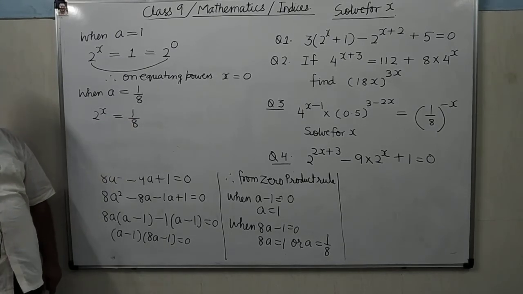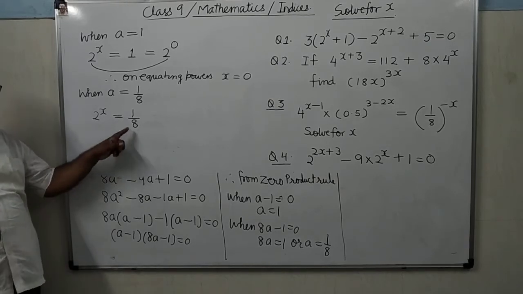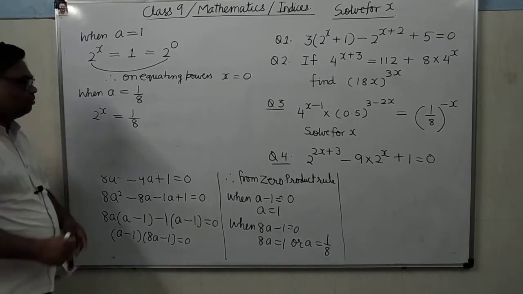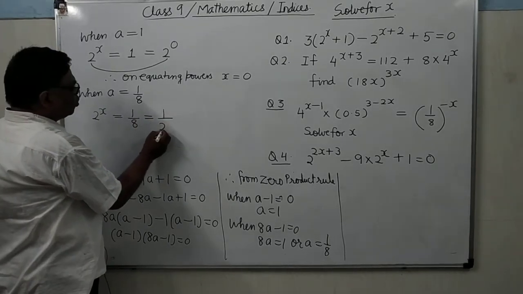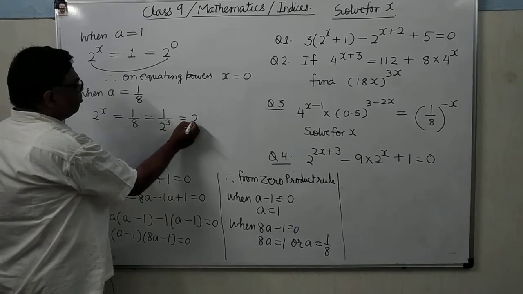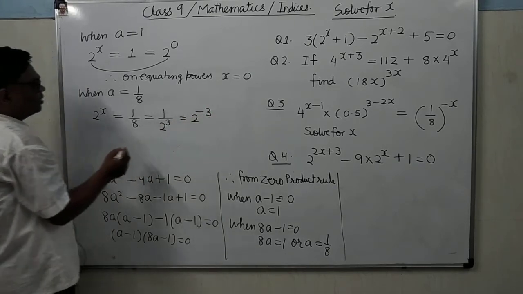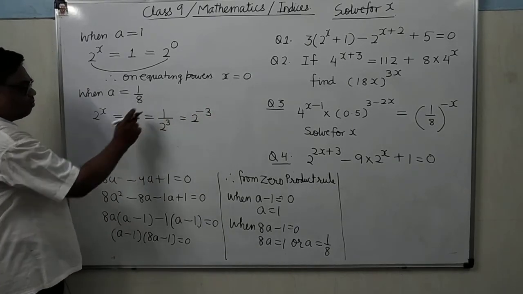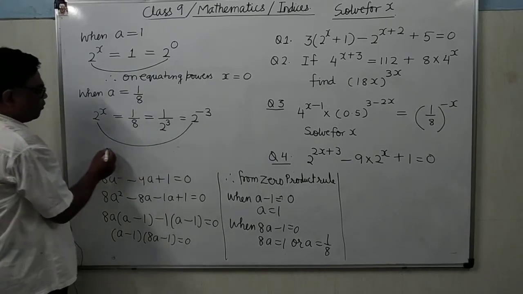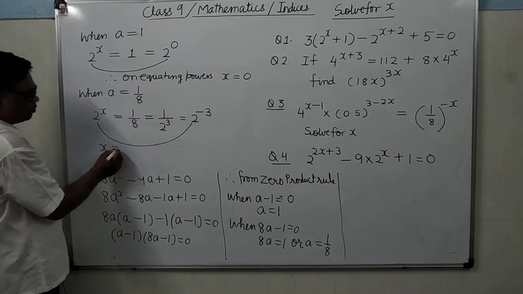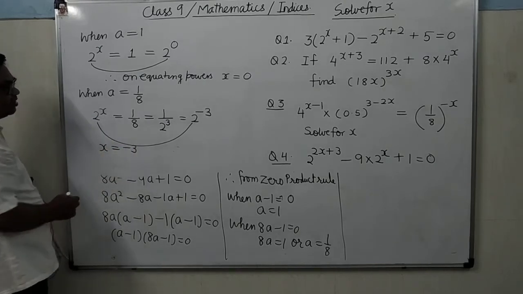Means how much power you raise over 2 so that the value becomes 1 upon 8. As you know, 8 can be written as 2 to the power 3, so 1 upon 8 will be 2 to the power minus 3. So bases are same, therefore on comparing powers x will be equal to minus 3.